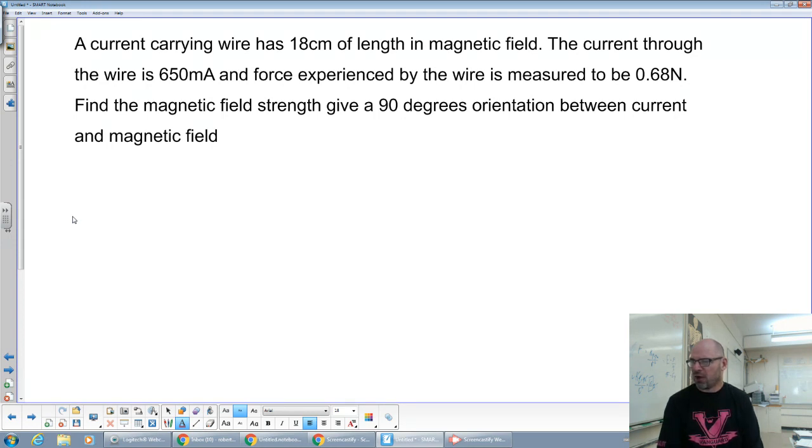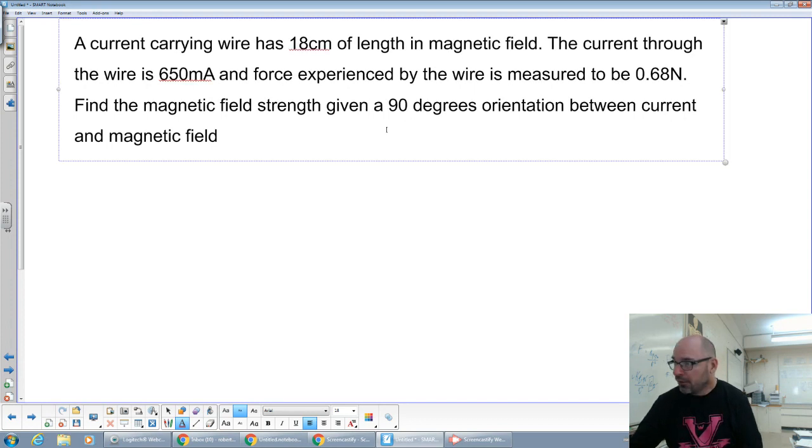The current through the wire is 650 milliamps, and the force experienced by the wire is measured to be 0.68 newtons. Find the magnetic field strength given a 90-degree orientation between the current and magnetic field, period, which is traditionally what we have.